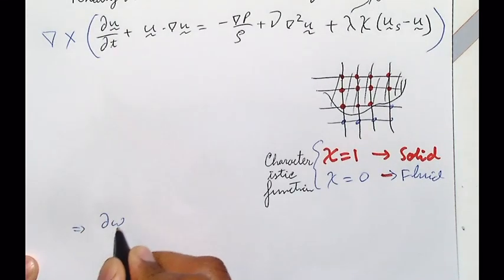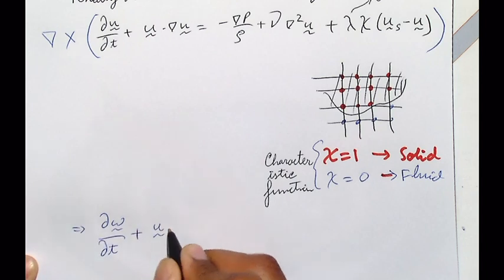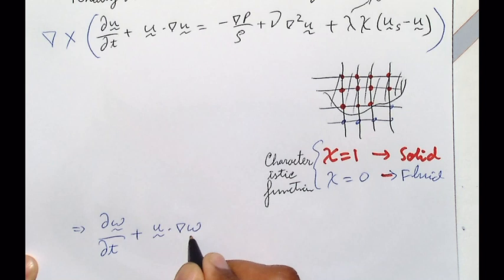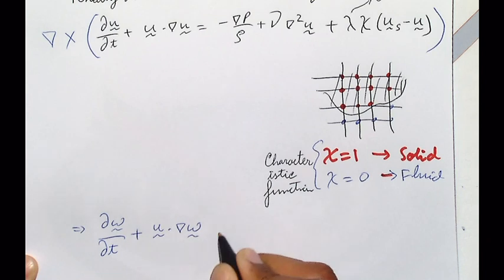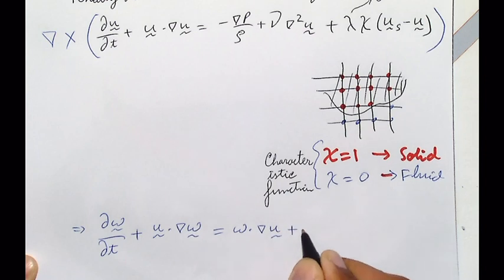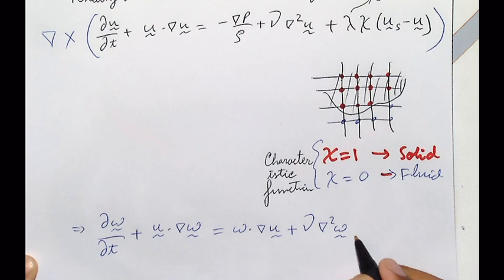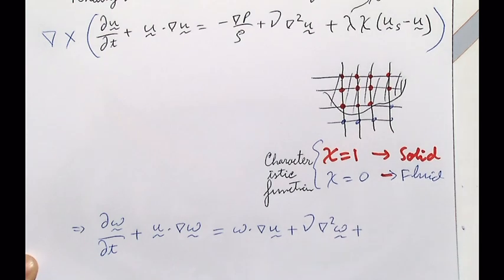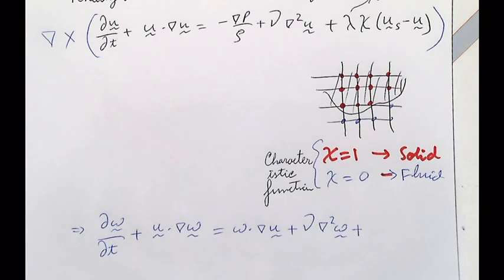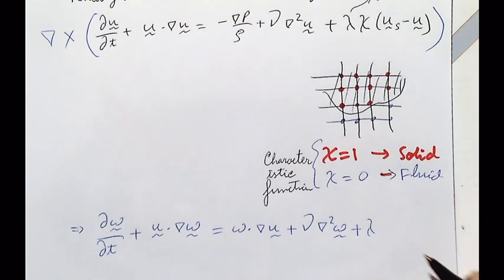So we have del omega by del t plus u dot nabla omega equals nu nabla squared omega plus lambda, nabla cross, chi times u solid minus u.